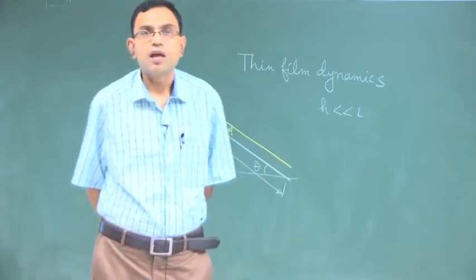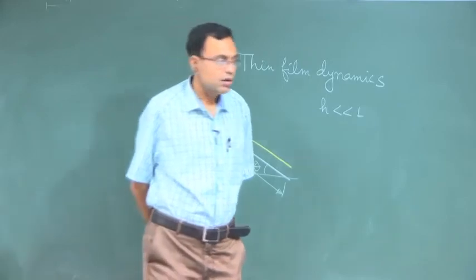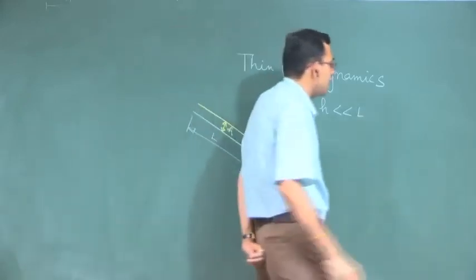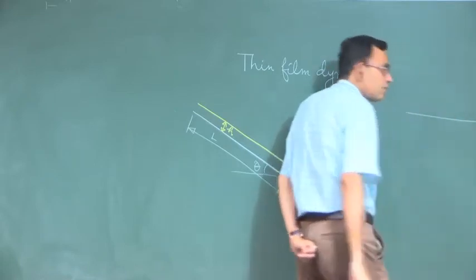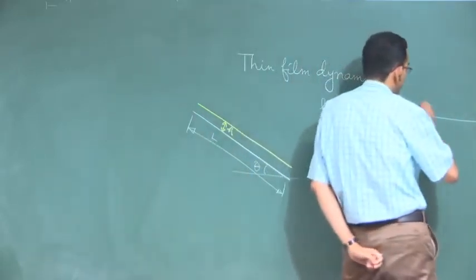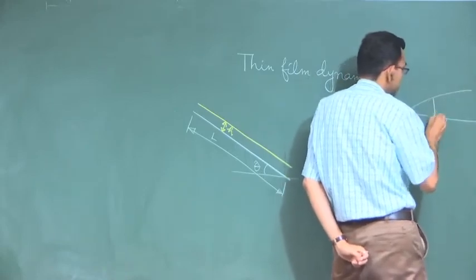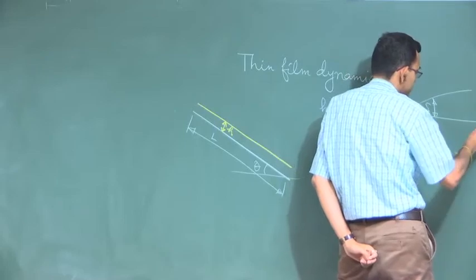Imagine a corresponding situation for a boundary layer over a flat plate. I am just trying to draw an analogy. You have a flat plate on which a boundary layer is developing.